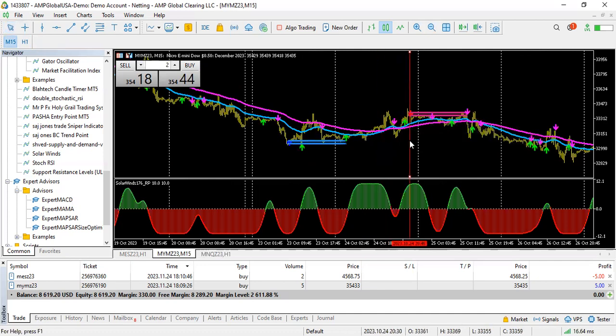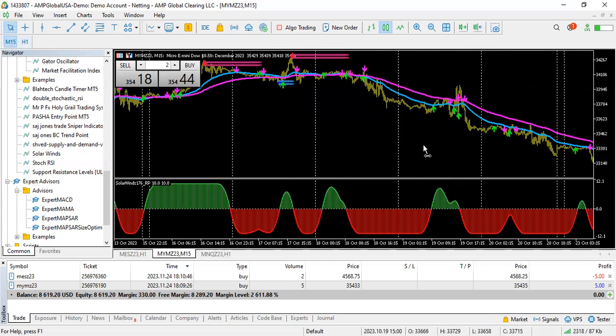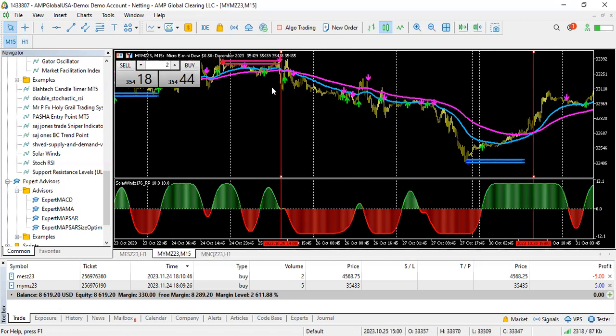Then we got our resistance here, and then we got our sell arrow again on our hour time frame, and that sell arrow took us from this point to this point. You see what I'm saying?